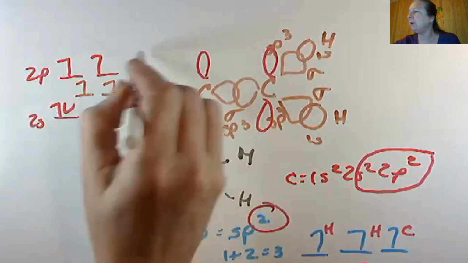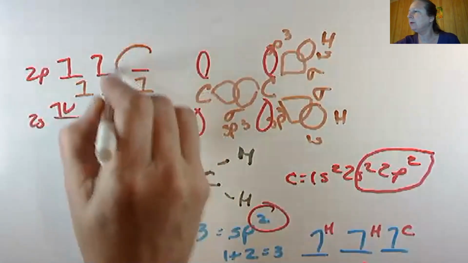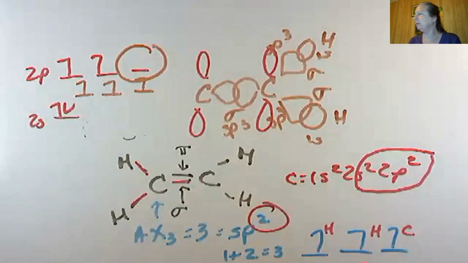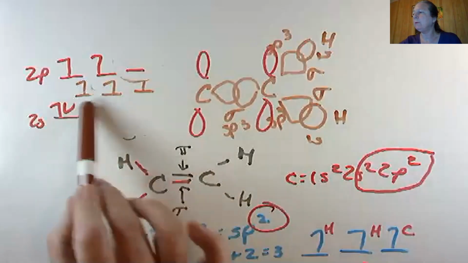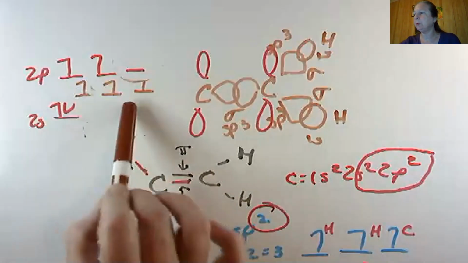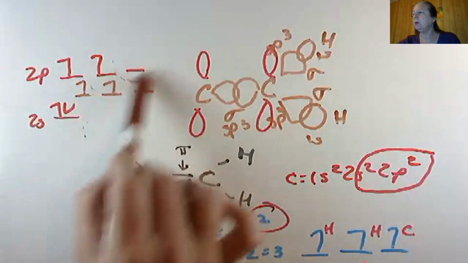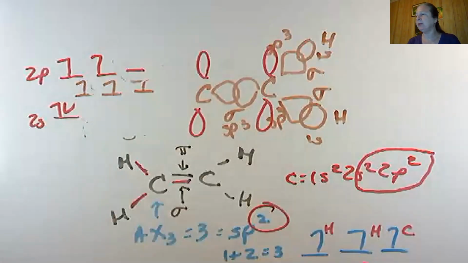But you still have, okay, sorry. So we have our 3 hybrid orbitals. We fill it with 3 of the electrons. We still have 1 p orbital that's not used, and there's an electron in there, because we have 4 total.